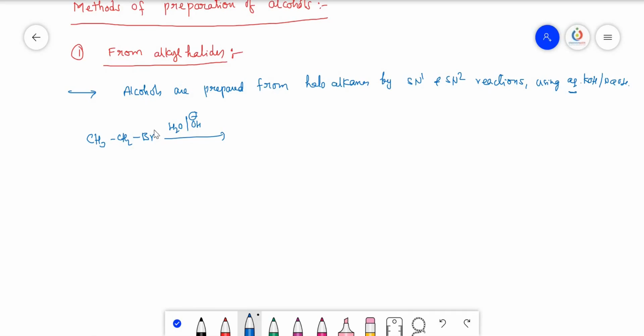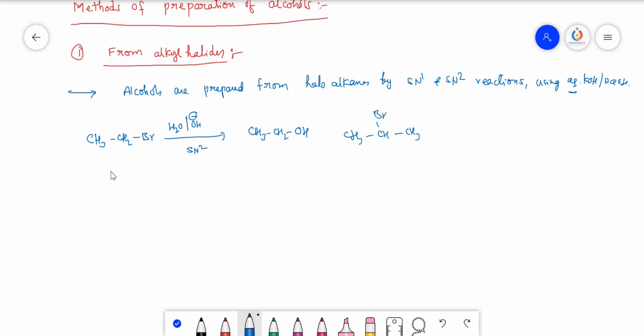In the place of aqueous, they are directly using the chemical formula of that substance, that is water. So here this is a primary alkyl halide. Primary alkyl halides generally participate in SN2 reaction. So that we get CH3CH2OH.